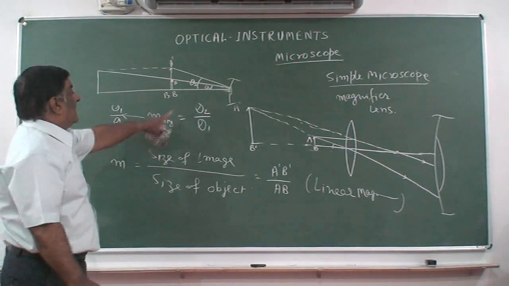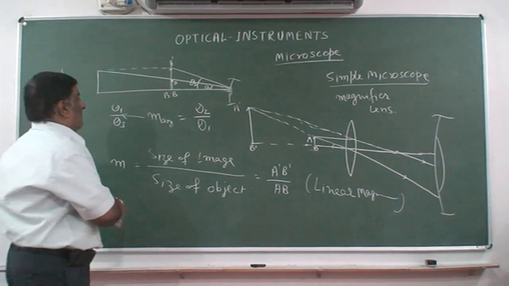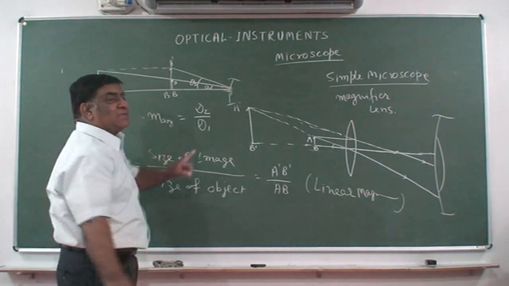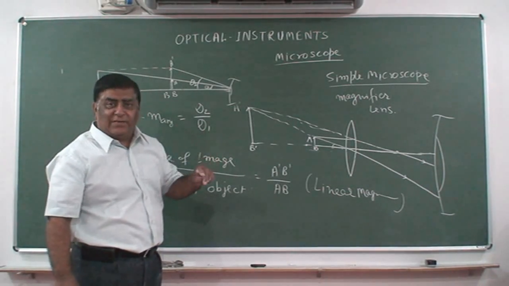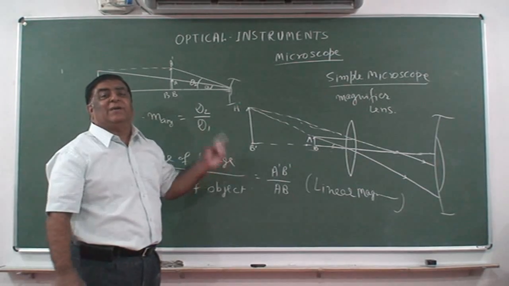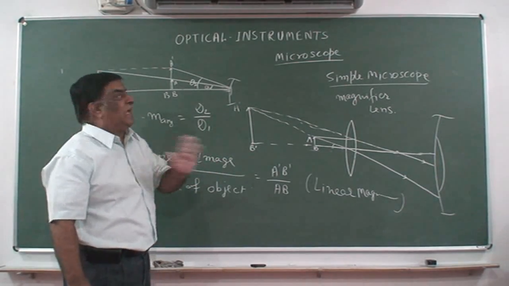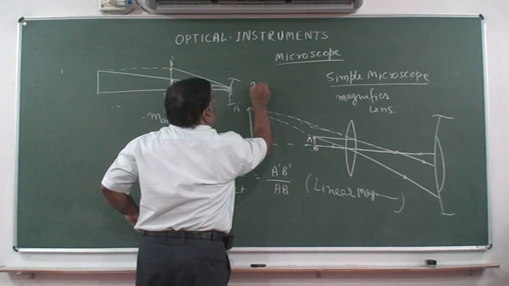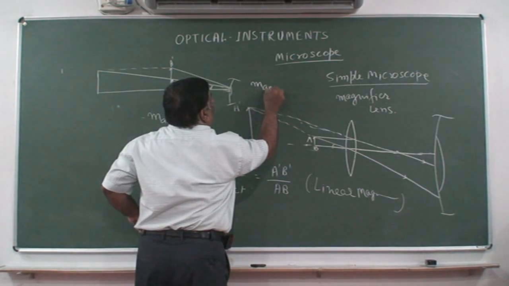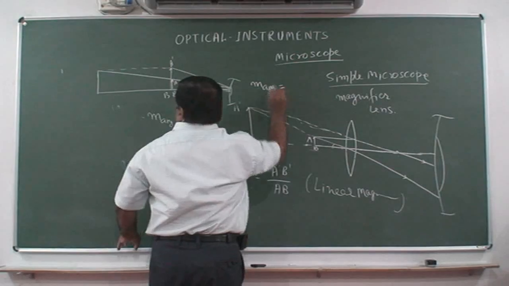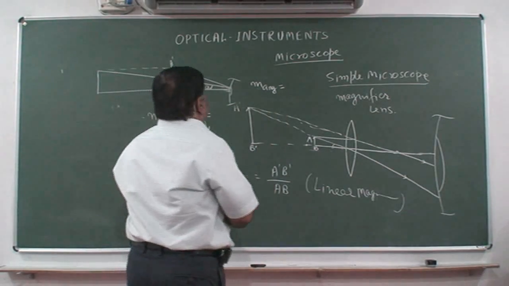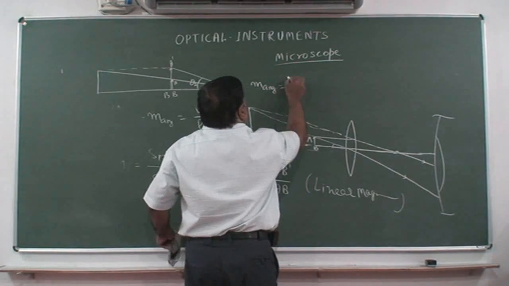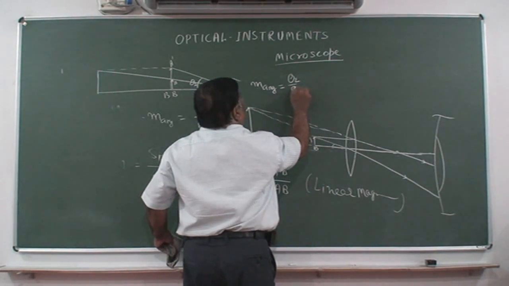So angular magnification is theta 2 upon theta 1. Now for small angles, angles are equal to their sine and angles are equal to their tangents. This we have done earlier. So angular magnification is equal to theta 2 upon theta 1.